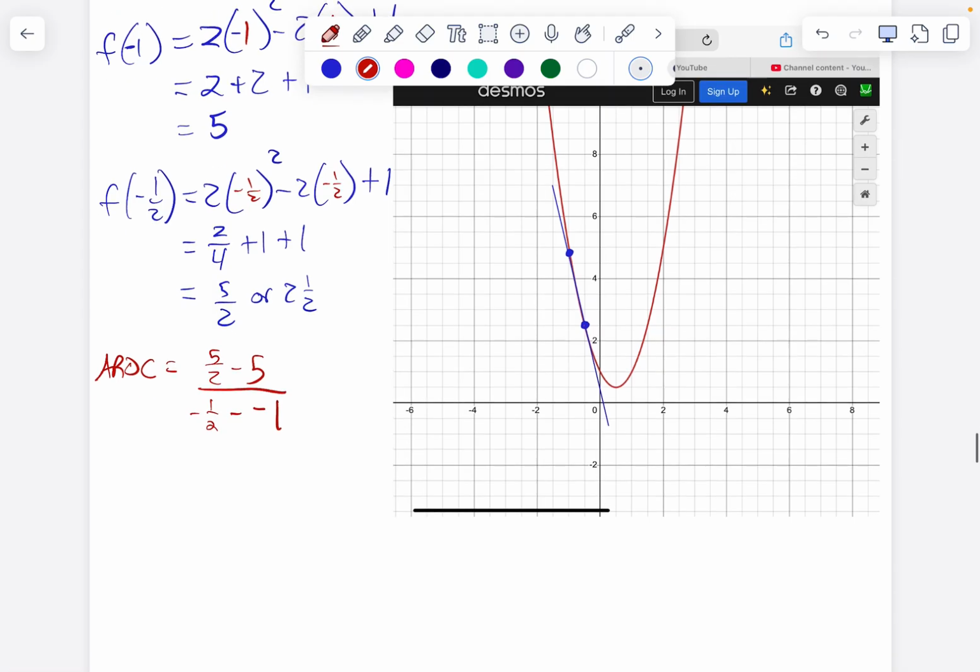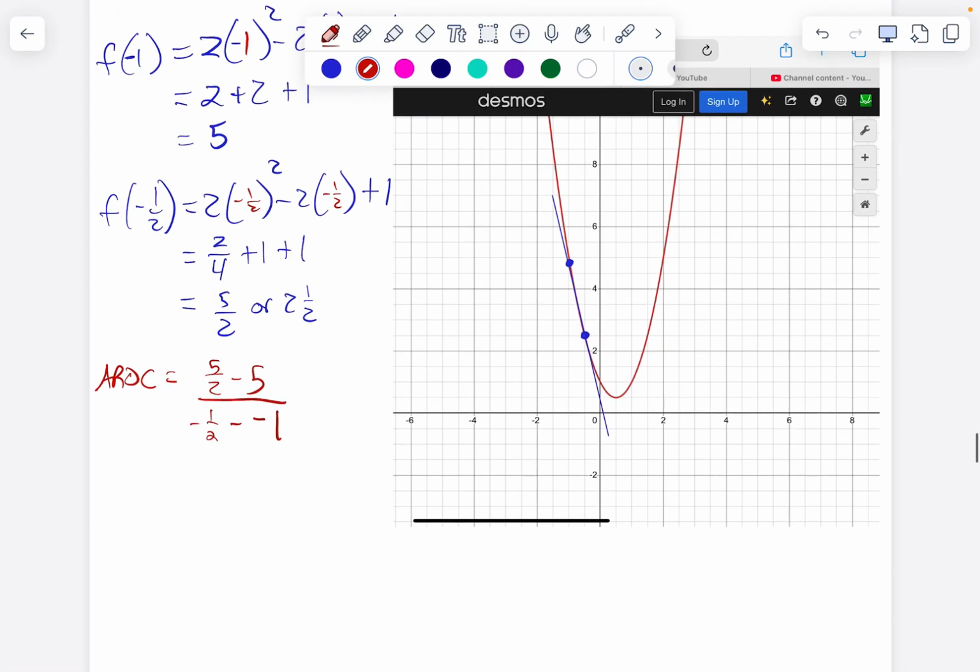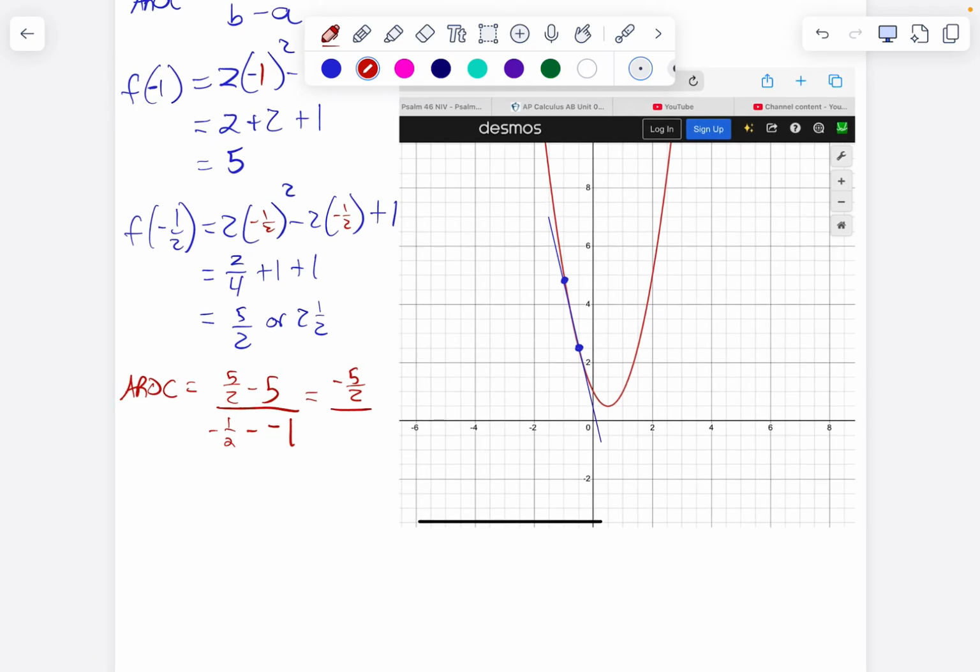All right. What's 5 halves minus 5? -5 halves, right? And if you do 2 1/2 instead, 2 1/2 minus 5 is -2 1/2. Okay? What's -1/2 plus 1? So minus minus becomes plus. +1/2.